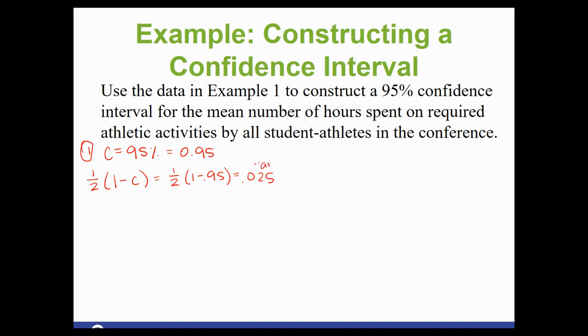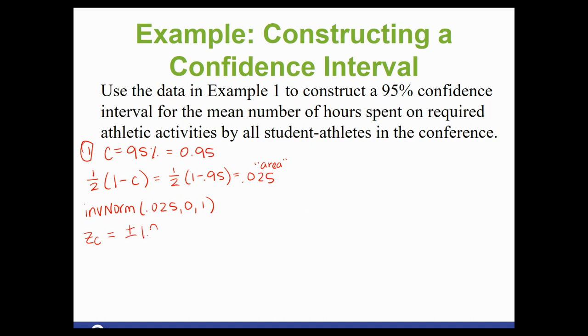That is what we plug in for area in inverse norm. The only thing we change in inverse norm is area. The mean should stay set as 0, and the standard deviation should remain set at 1. I'll put that on here as a reminder. Then when you click enter, this is your critical value.